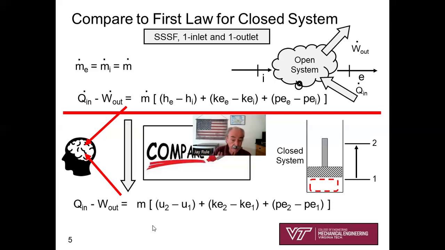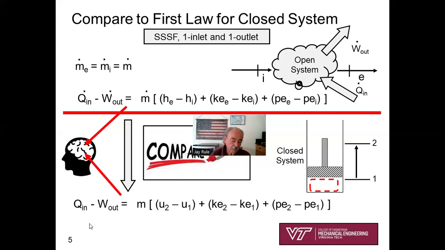And I really hope you don't need to go back to a formula sheet to remember that Q in minus W out equals the change in energy E. And remember, the change in energy E was made up of delta capital U plus the change in kinetic energy and the change in potential energy.